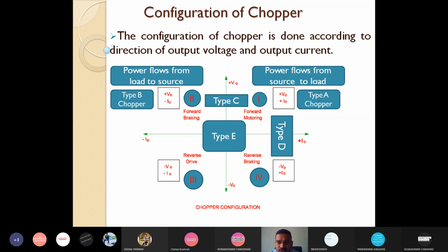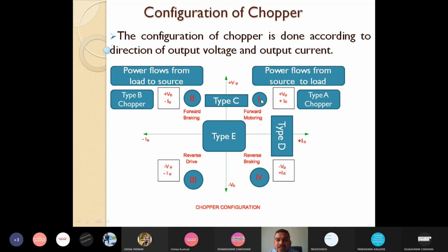Understood? In first quadrant we have output current positive and output voltage positive. So the chopper in which the output voltage and output current both are positive is known as the first quadrant chopper.